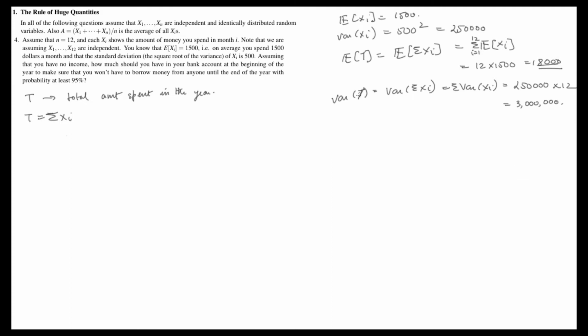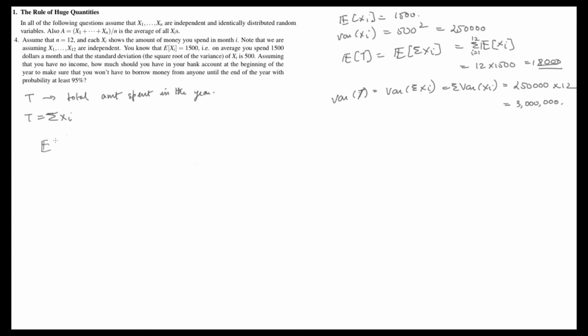So now we want enough money in our bank balance so that it covers our expenditure with 95% probability. So in this question, let's look at deviation from the mean rather than looking at the expenditure in terms of an absolute value.